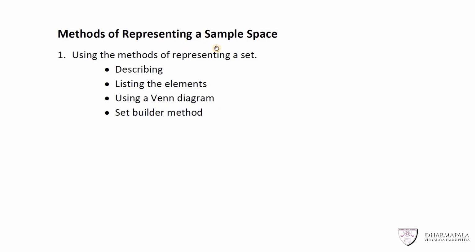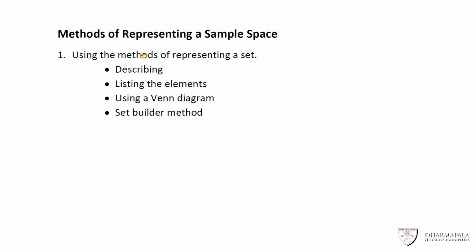So it is clear the sample space in a random experiment is very important. So we have to represent the sample space. There are several methods to represent a sample space. First one: since the sample space is a set, we can use the methods of representing a set to represent the sample space.